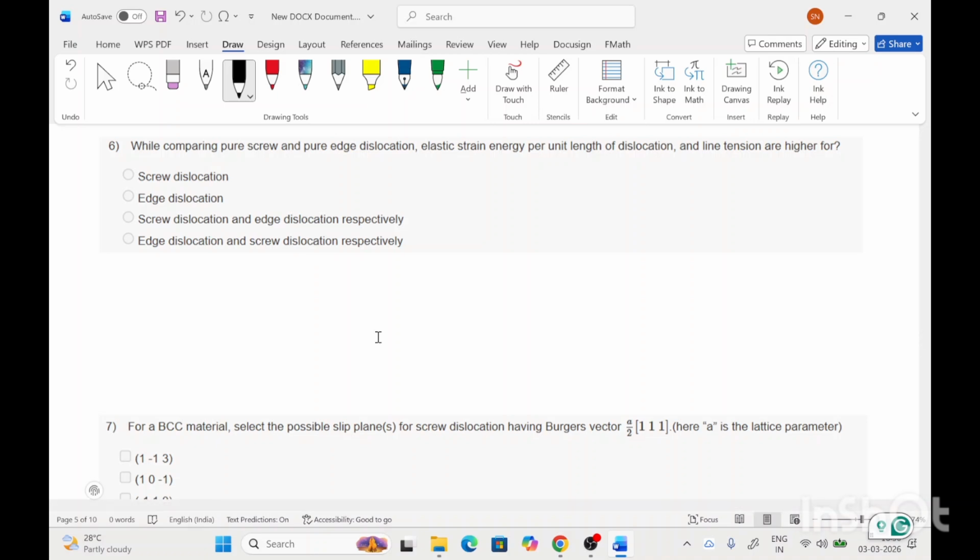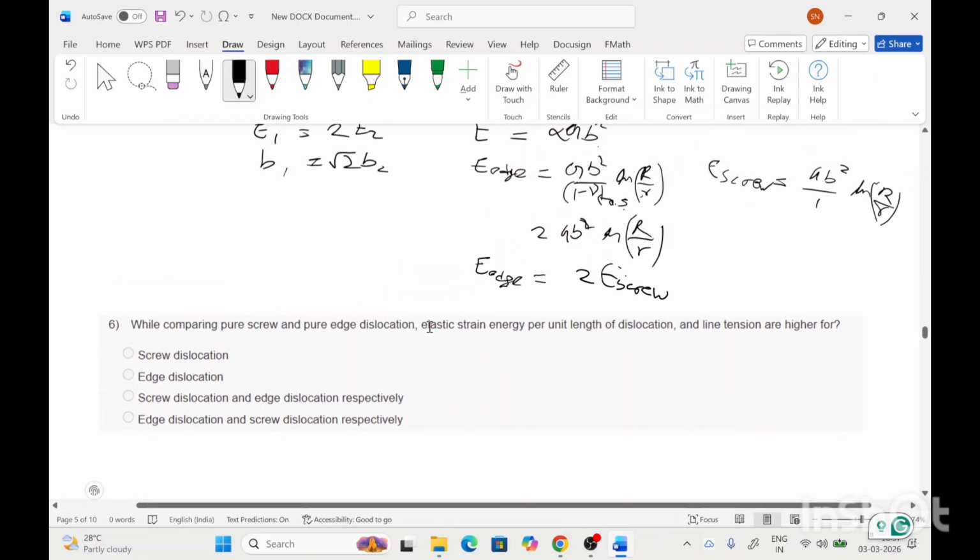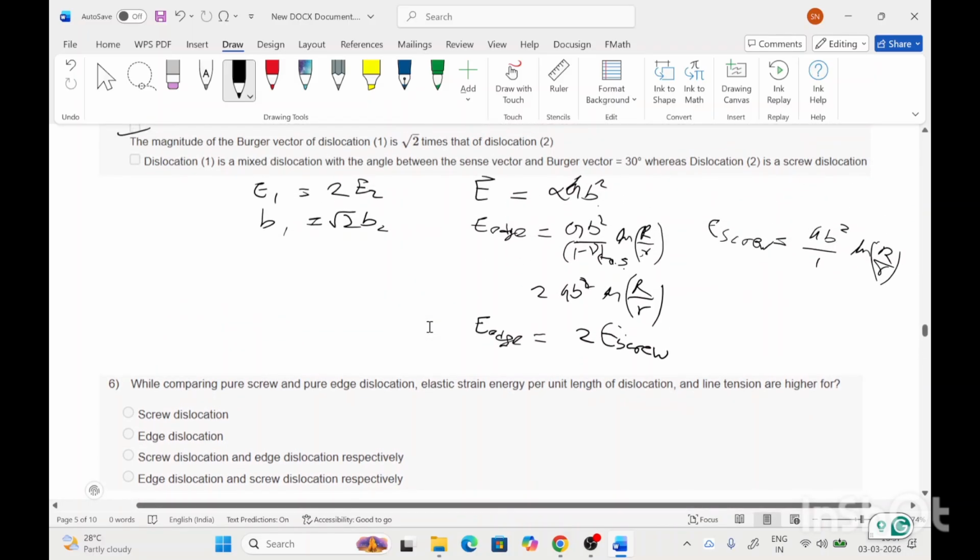While comparing pure screw and pure edge dislocations, the elastic strain energy per unit length of dislocation and line tension are higher for, is it higher for screw dislocation or edge dislocation? Just now we have discussed that the Poisson's ratio in the denominator will give higher terms for edge dislocation every time.